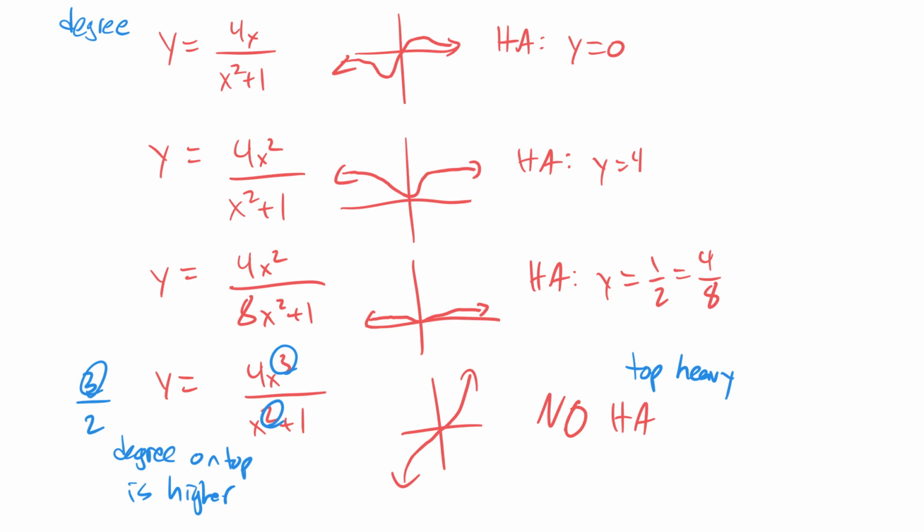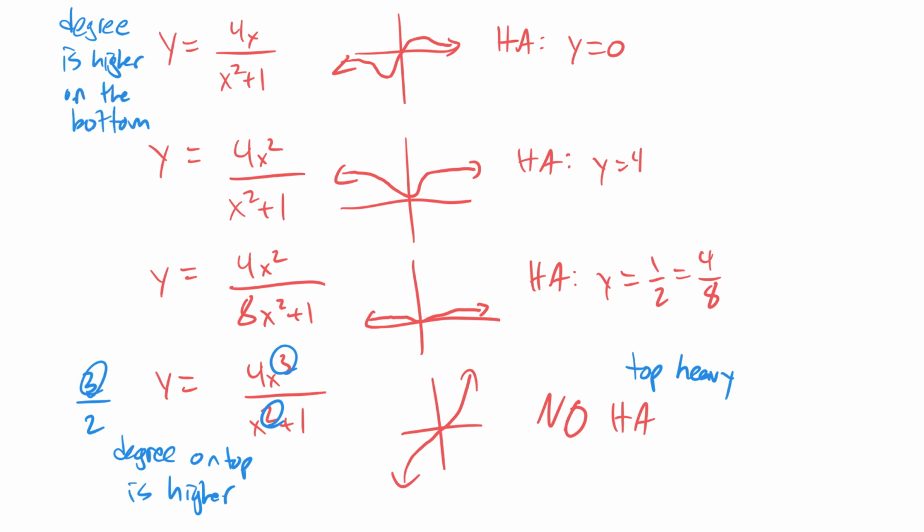Now, if you look over at the first graph, this one had a degree of 1 on the top and a degree of 2 on the bottom. Oh, okay, so it looks like here the degree is higher on the bottom.